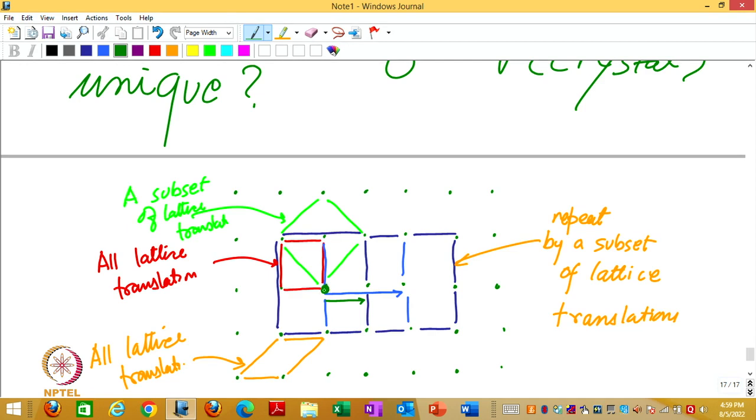That point inside you cannot reach by tiling this pattern without overlap. So, you have to ignore those translations. So, if you repeat by all translations, then we call such unit cells primitive unit cells.